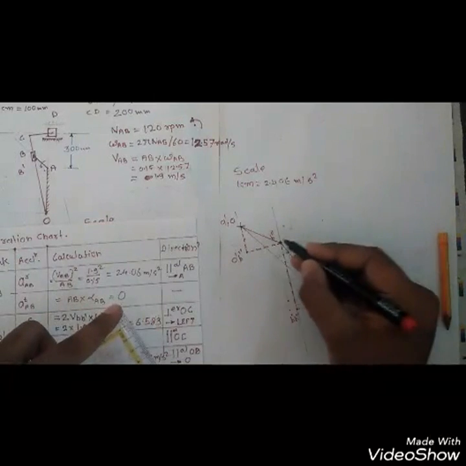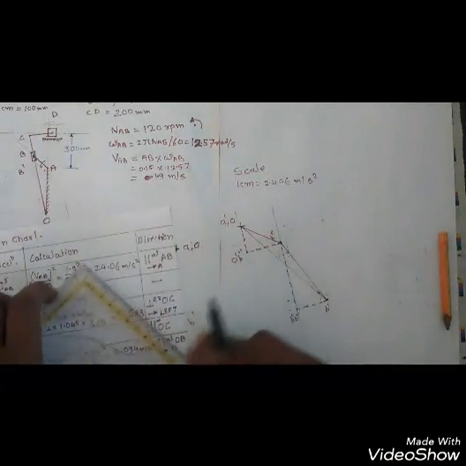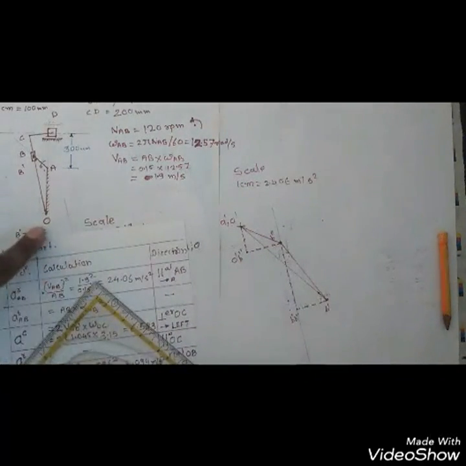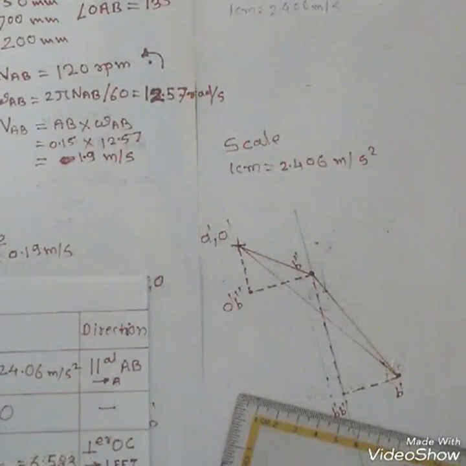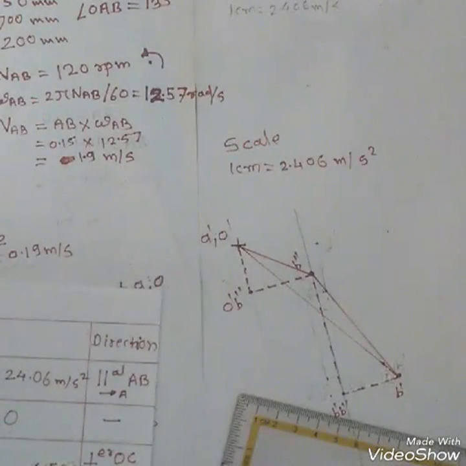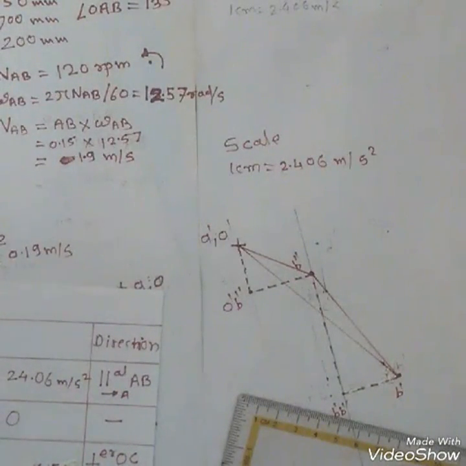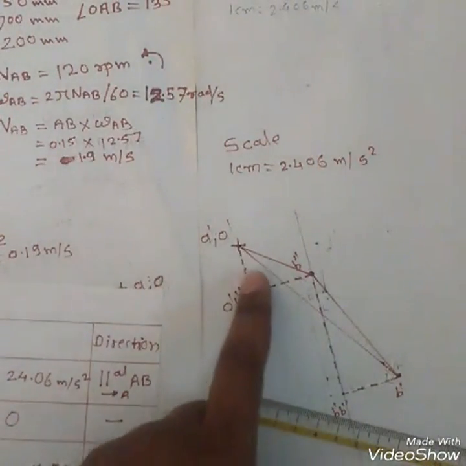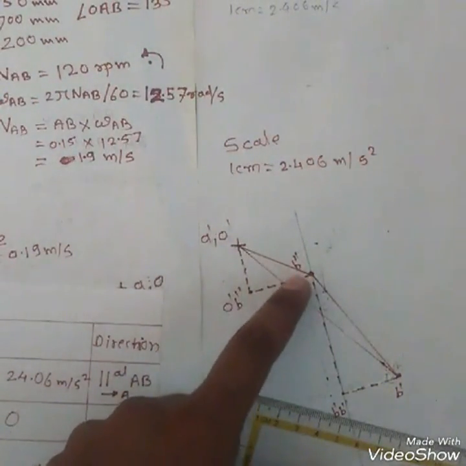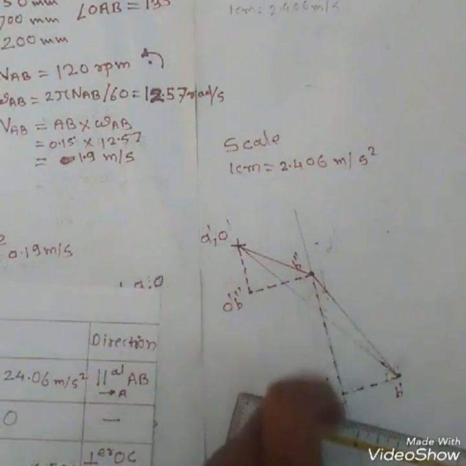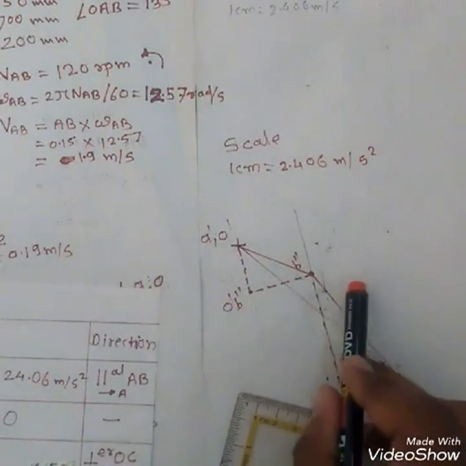So we have reached up to the B dash point. We know from the space diagram that O B dash C is a continuous line. Therefore for acceleration, the C dash point will be next to the O dash B double dash line.